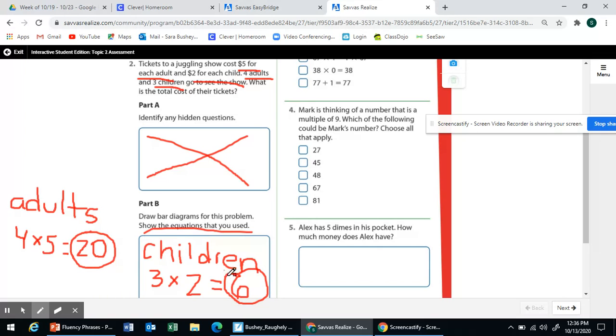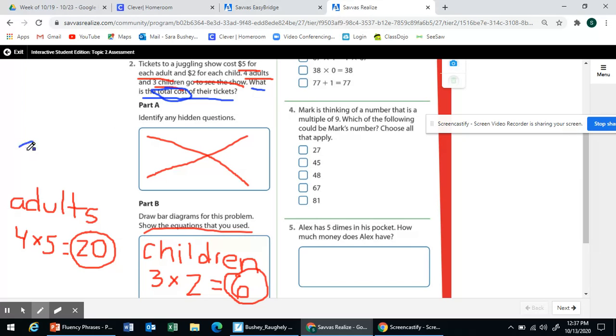Our hidden questions have been answered, but now we have to answer our huge question, and I'm going to underline it in blue. I'm going to change my color for you. What is the total cost of their tickets? Total cost. I remember that from previous grades that whenever I see total, I'm usually going to be doing some sort of adding.